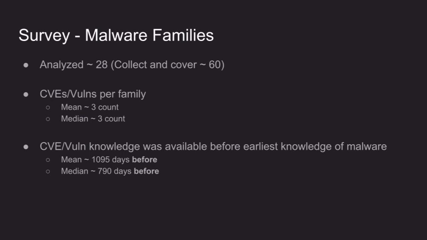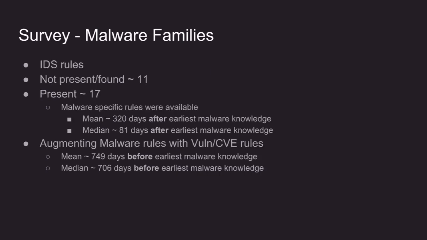And the interesting thing is that if we augment the timelines of CVEs and vulnerabilities with the malware where they are being used, we can see that the knowledge about the CVE and the vulnerability, therefore the possibility to defend against them or to protect against the malware abusing these vulnerabilities, was in general available 790 days before the malware started using those vulnerabilities, meaning that there's roughly a 2-year opportunity window to actually address those vulnerabilities, but still after 2 years the IoT malware can go and easily abuse them.